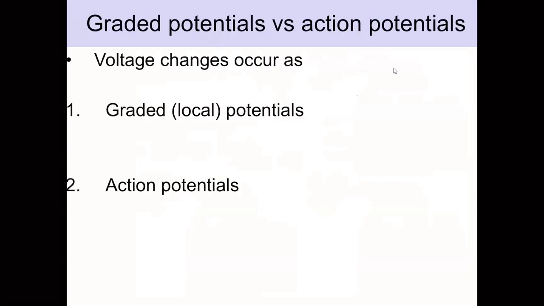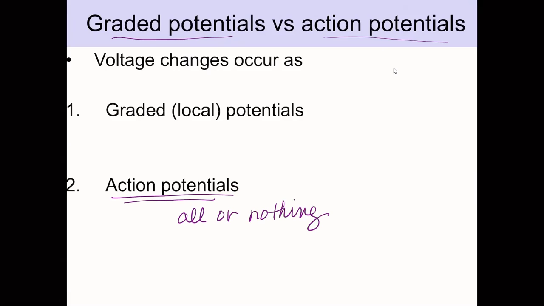Now, graded potentials versus action potentials. Things can occur two different ways. An action potential is all or nothing. It's on or it's off, it's going or it's not going. Whereas graded potentials are more like a volume control, so they can be loud or soft.